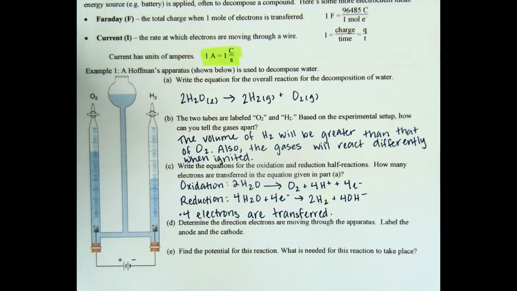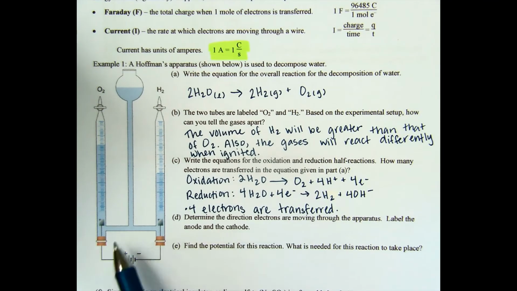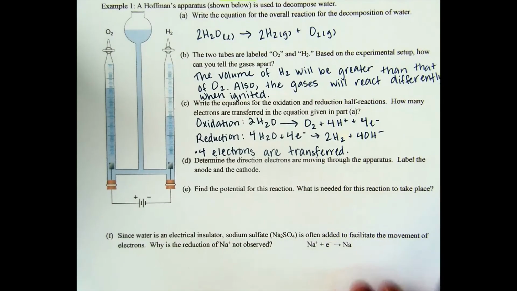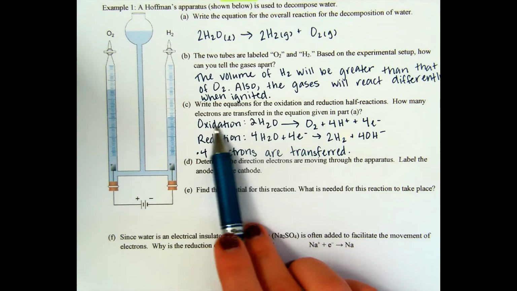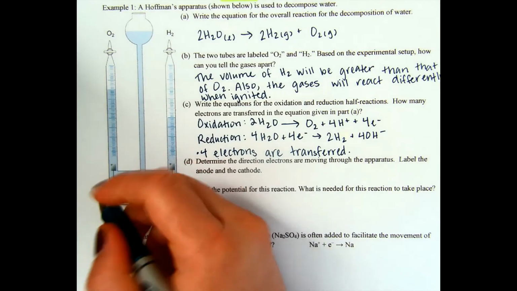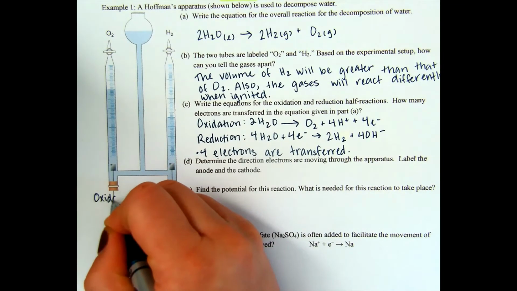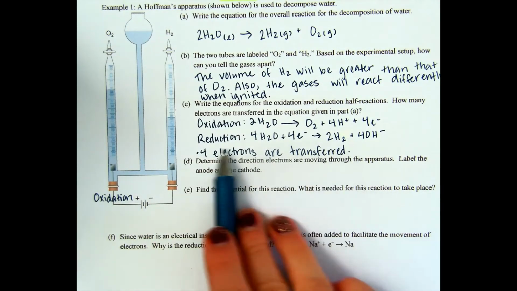Okay, part D. Determine the direction the electrons are moving through the apparatus. Label the anode and the cathode. Take a second and see if you can label that down here for yourself. Okay, so we know that we are going to be producing oxygen in the oxidation reaction. So if I'm producing oxygen here, this must be the oxidation half reaction. This oxidation must be happening over here, and reduction must be producing hydrogen gas right here.